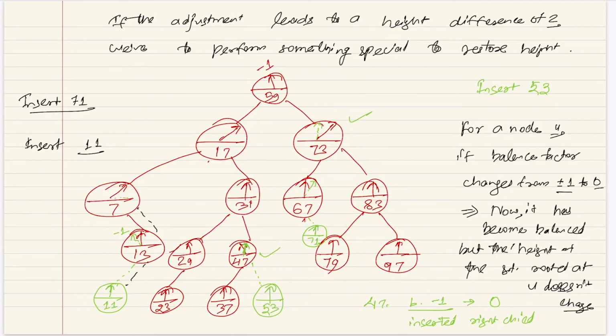+2. Now +2 is not possible in an AVL tree. Now this is the critical thing. Not possible.